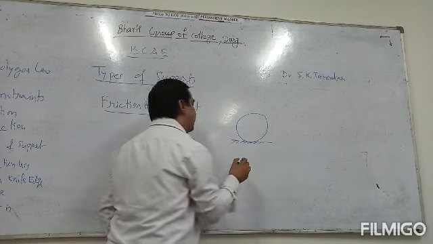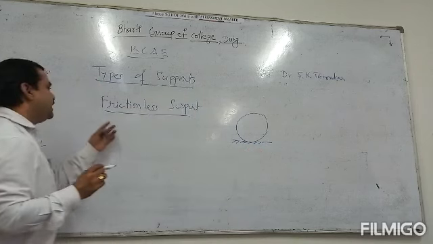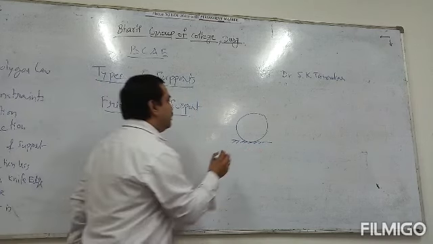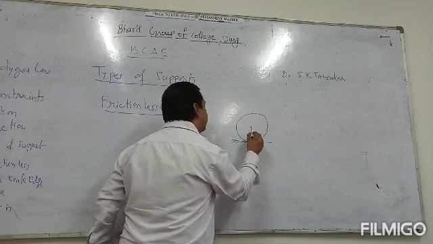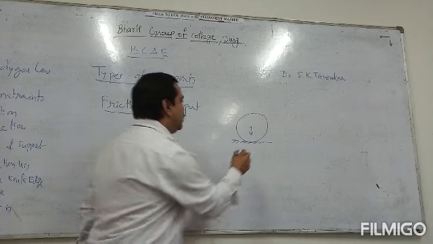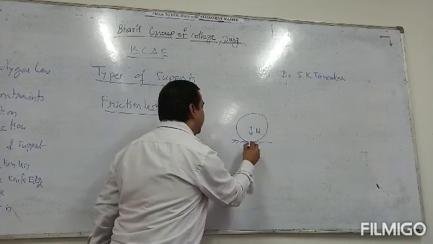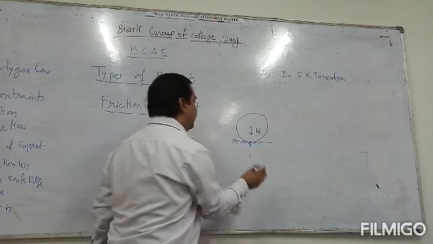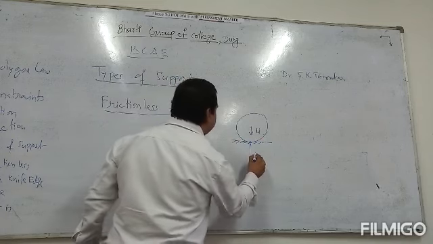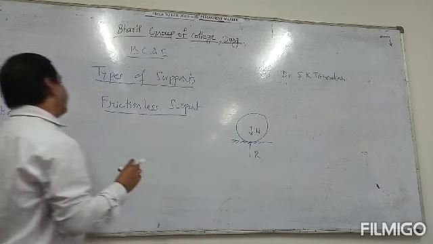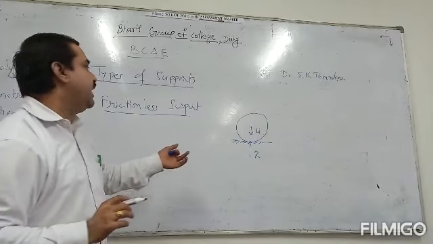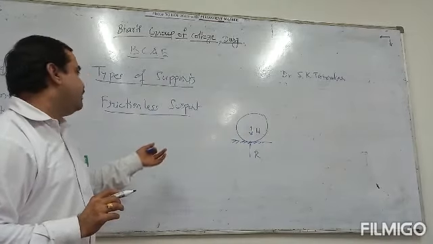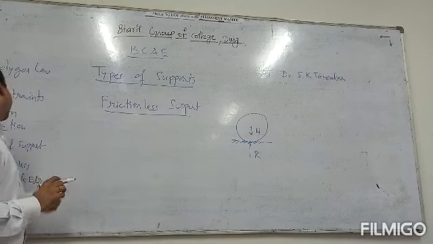This is an example of a frictionless support. Here, if friction is not there, the ball's weight acts downwards and the reaction from the plane is upward. This type of support is there in each type of object. These are the frictionless supports.